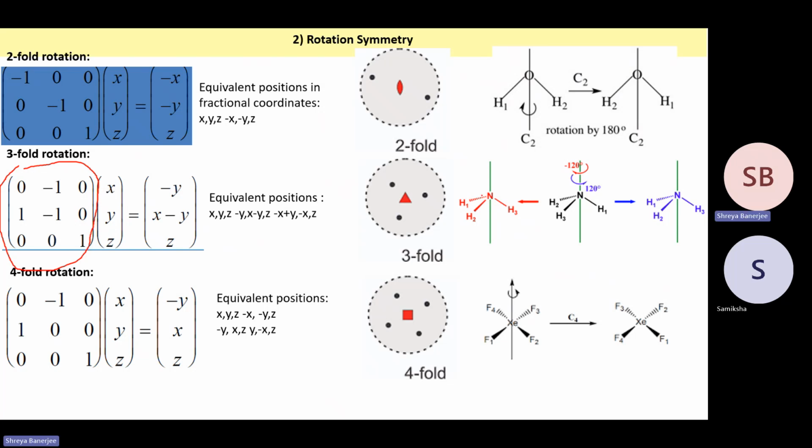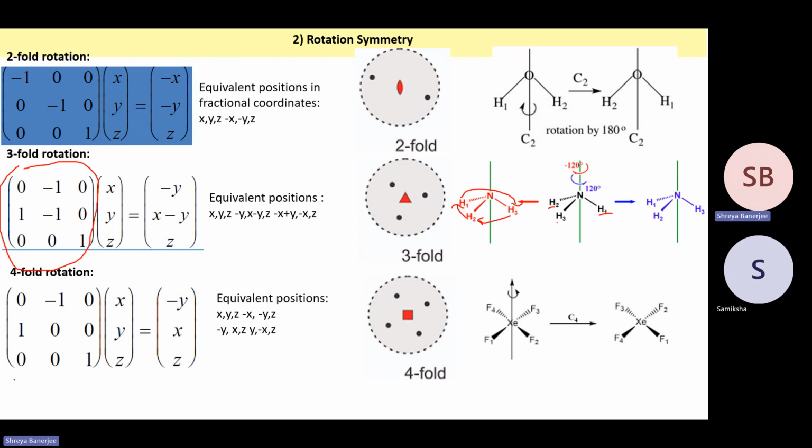If you rotate this by 120 degrees, H1 goes here, H2 goes here, H3 comes here. So it is the same molecule. If you rotate again by 120 degree, you will get similar orientation. So that is what they are calling three-fold rotation or 120-degree rotation.